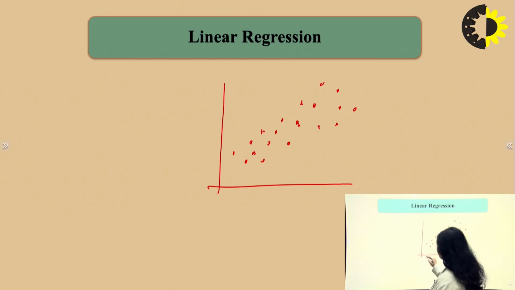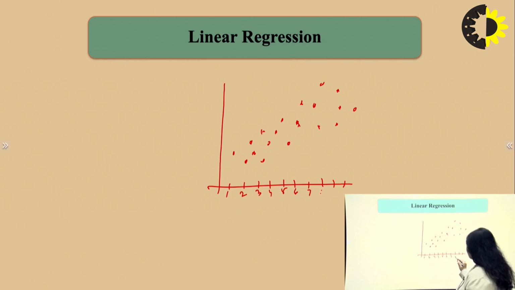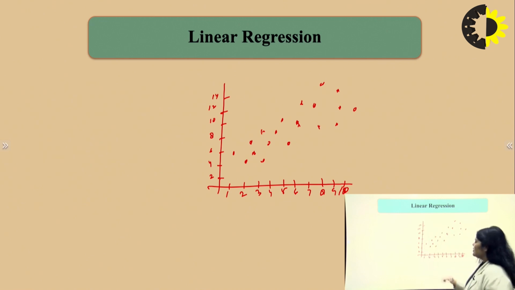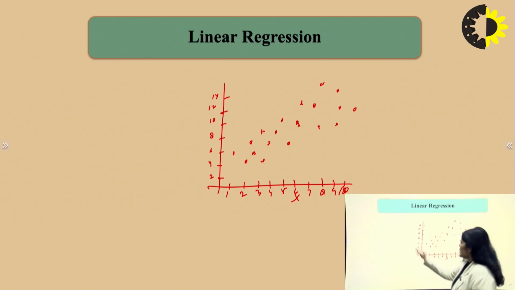And if I keep markers here, this is 1, 2, 3, 4, 6, 7, 10, and this is, for example, 2, 4, 6, 8, 10, 12, 14, and so on. So this way we have seen that this is our independent variable and this is our dependent variable.